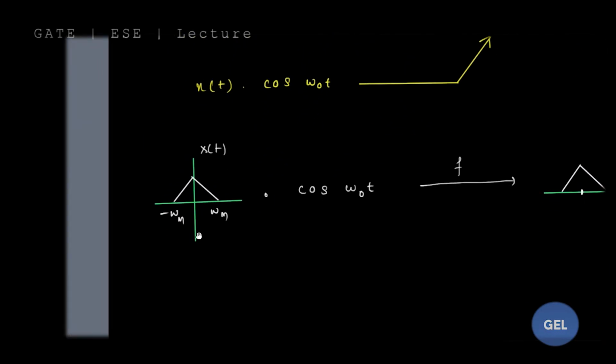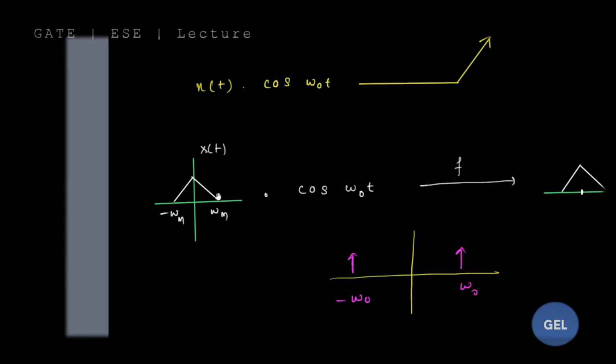Look here, if this is your x of t, and this x of t is multiplied with cos omega naught t, we saw that the Fourier transform of cos omega naught t generates 2 pulses at minus omega naught and plus omega naught.